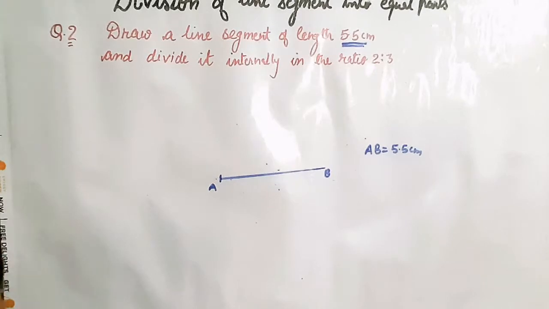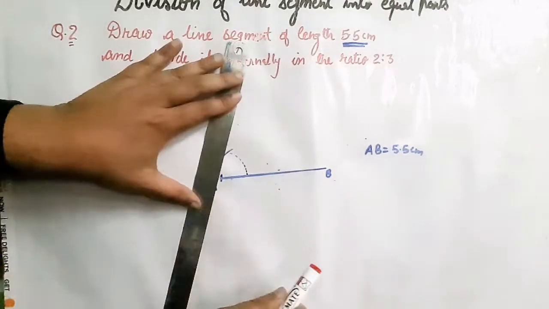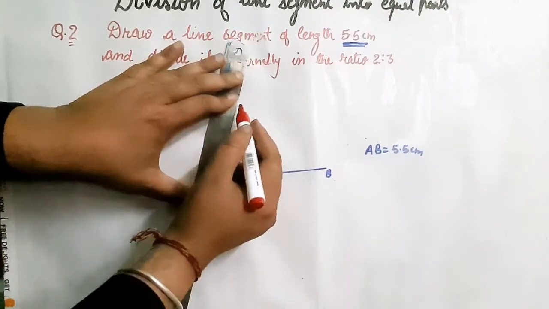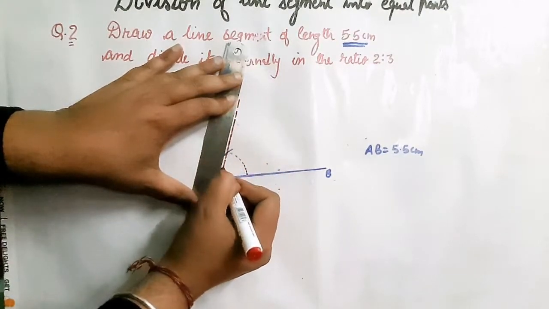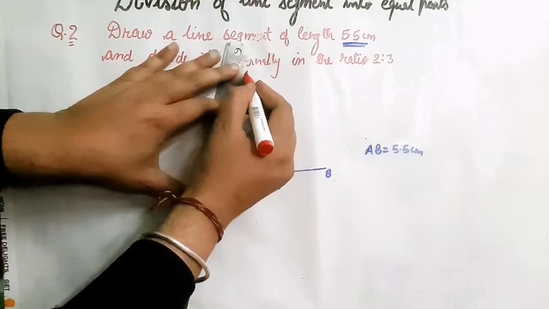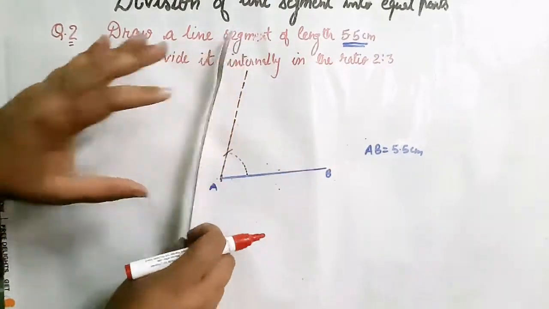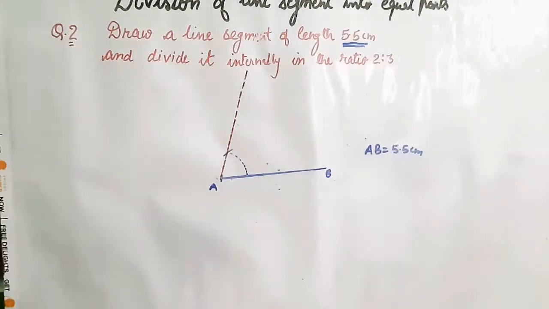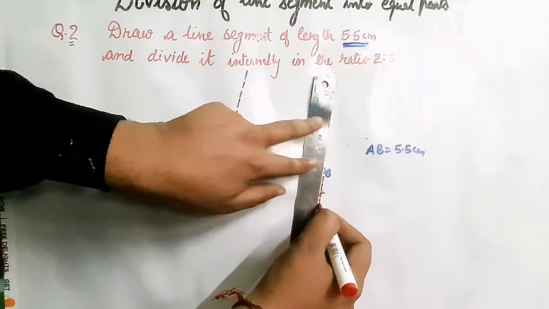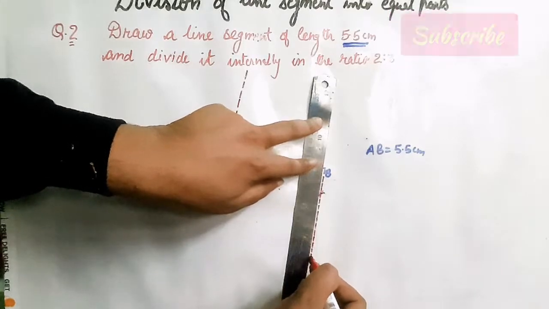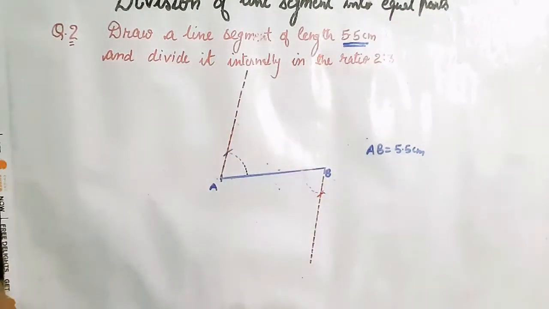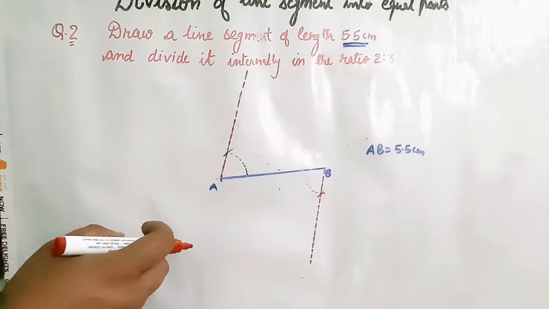First of all, draw the angle of 60 degrees upwards at A. This is your angle of 60 degrees. Now the same you have to draw downwards at B. You can draw the angle of any measure, but it is easy to remember 60 degrees. That is the reason I am drawing the angle of 60 degrees here.